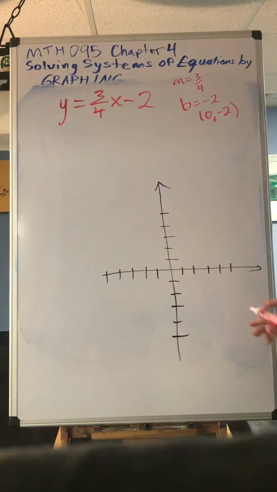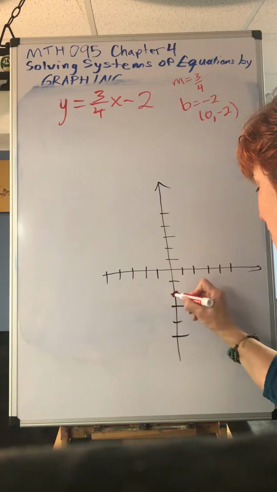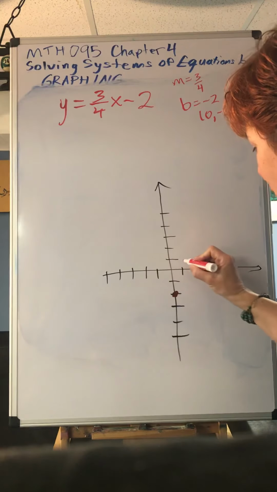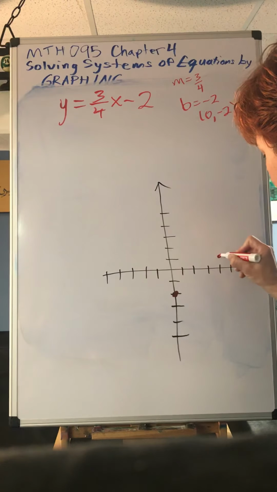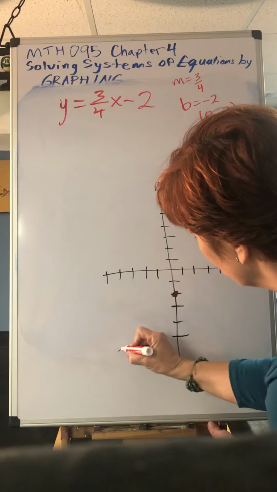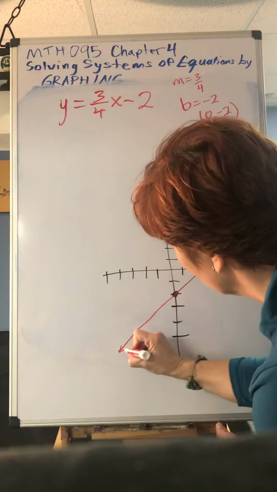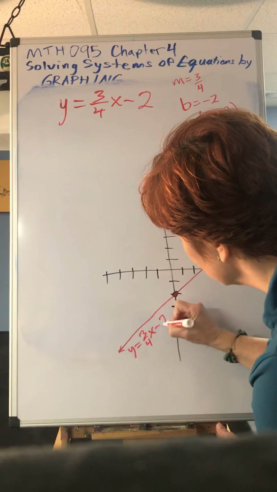So I'm going to start at (0, -2), which of course is on the y-axis, and the slope is positive 3/4. So you're going to go up 3 and to the right 4. And then you're going to graph your line. y is 3/4 x minus 2.